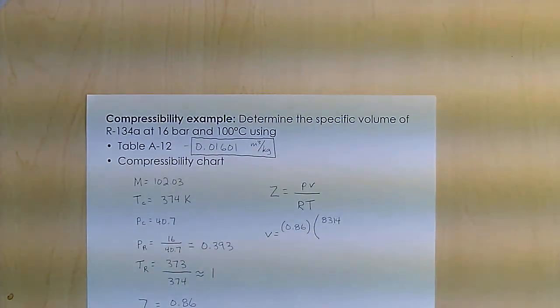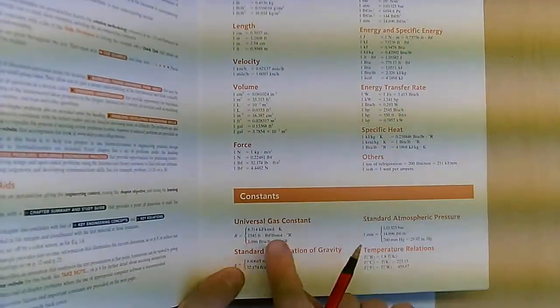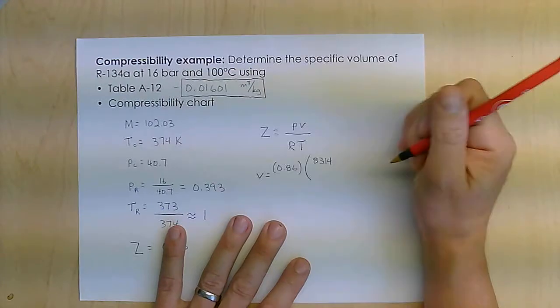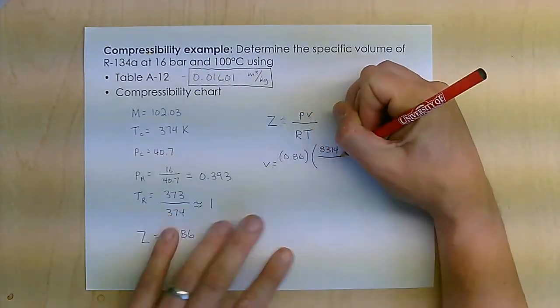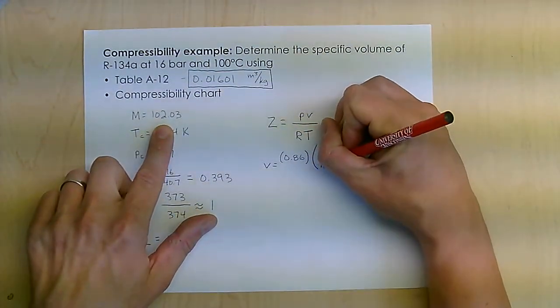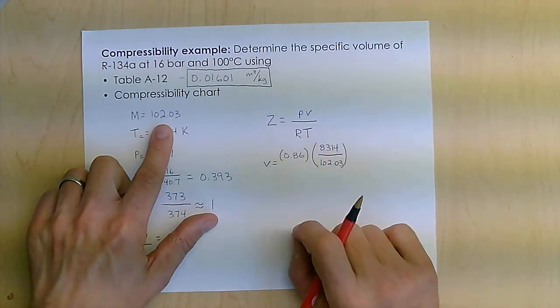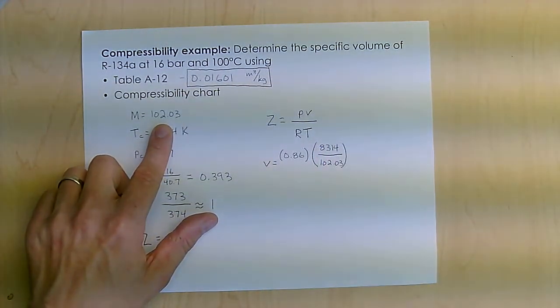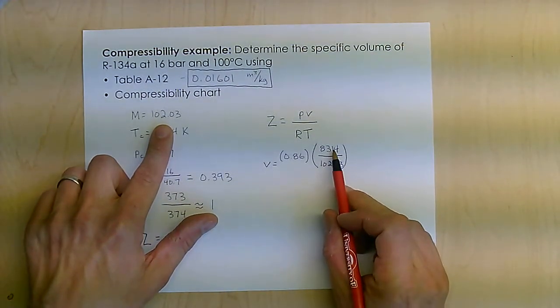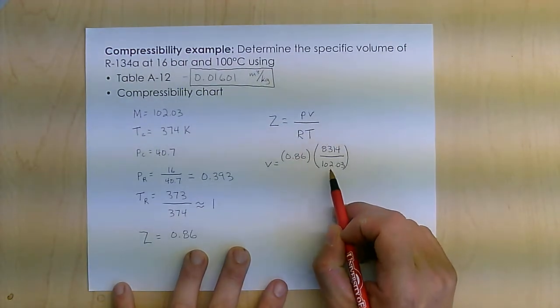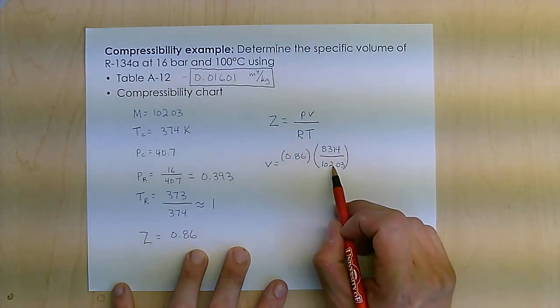But notice this is R bar. So I need to take that R bar and divide it by the molecular weight of 102.03 so that I can get the actual R rather than R bar. To convert it to R, I just take that constant and divide it by the molecular weight of the substance I'm using.